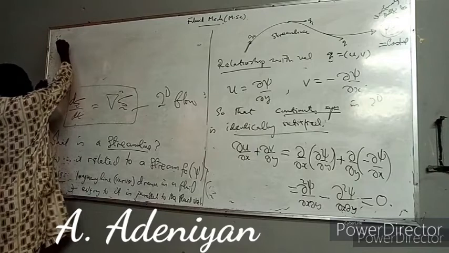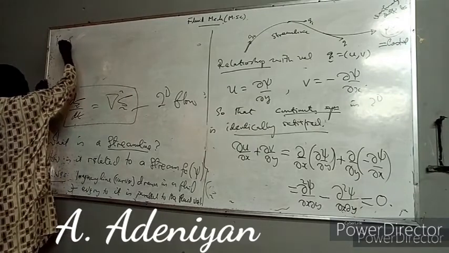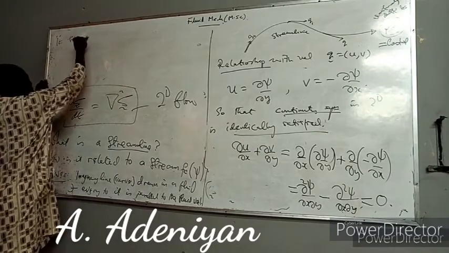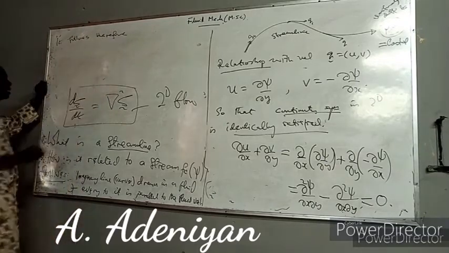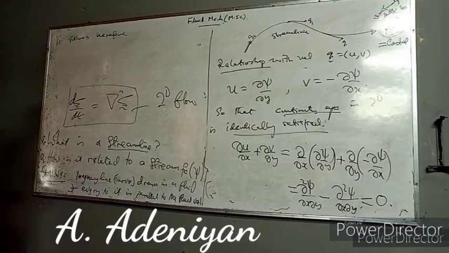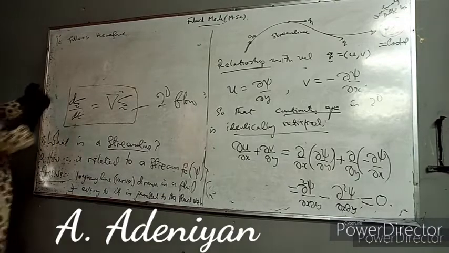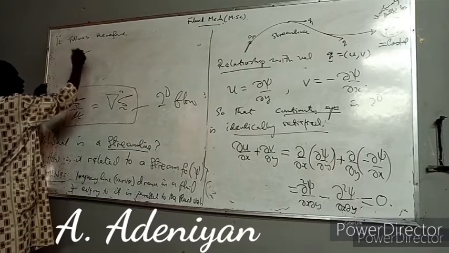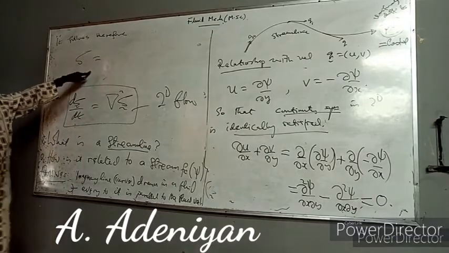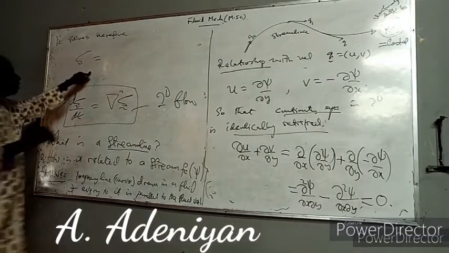it follows therefore that our zeta has only one component, and the only component is along what?